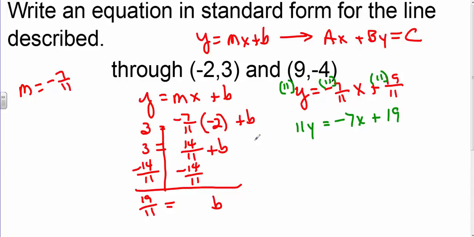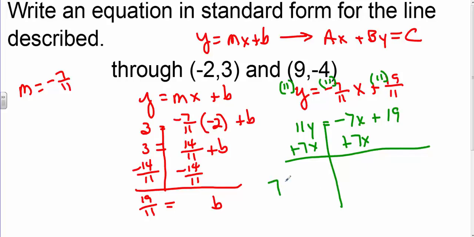We get the x over on this side, plus 7x, plus 7x, and we end up with 7x plus 11y equals 19, which is the same thing we ended up with the time before when we did it the other way. So whichever one you think is the easier way, that's the way that you should do it.